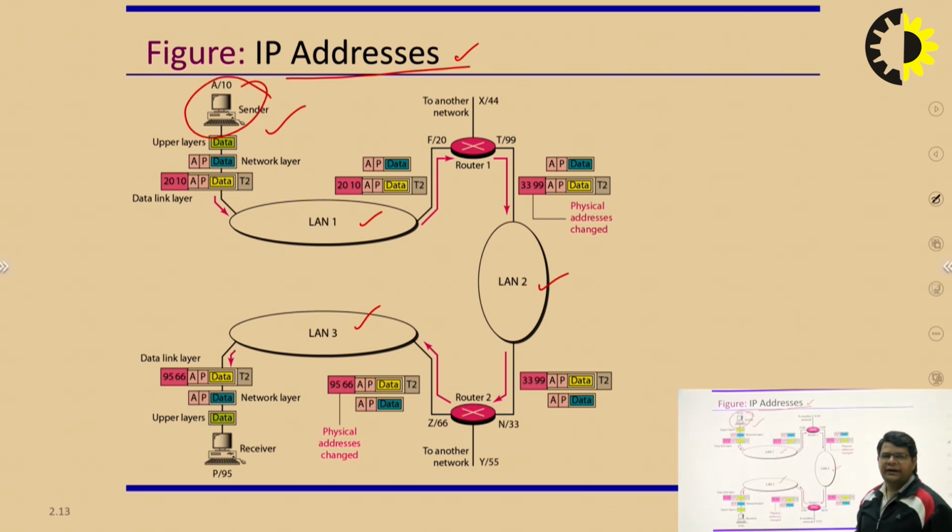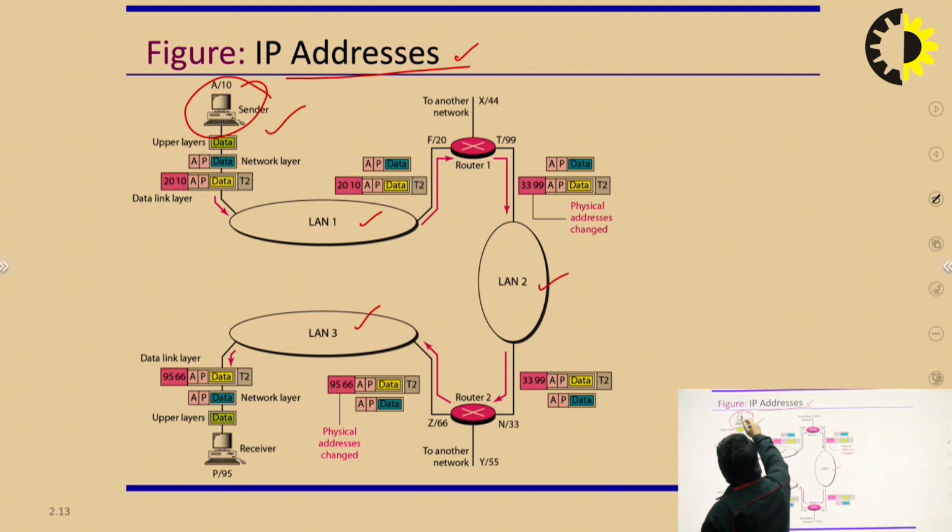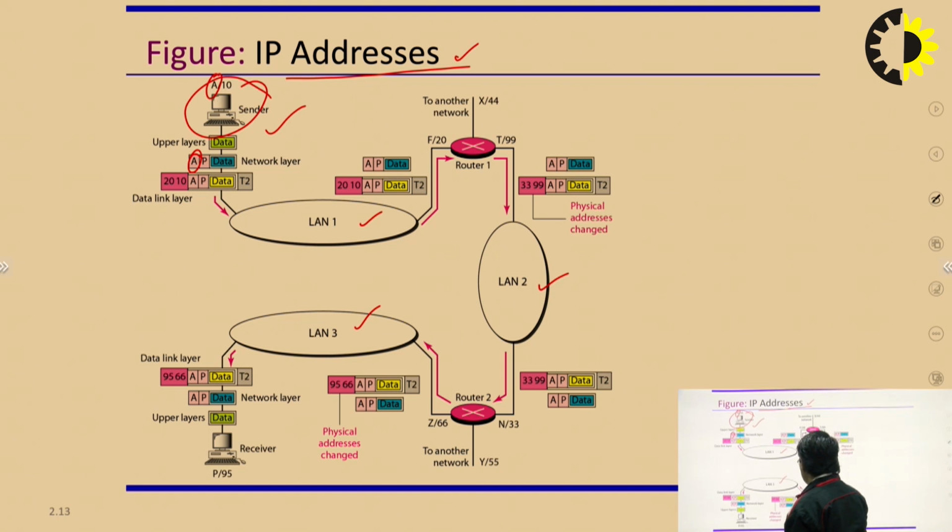These will have identity in the form of IP address. So here we have A for the sender and P for the other. Then we have the IP.